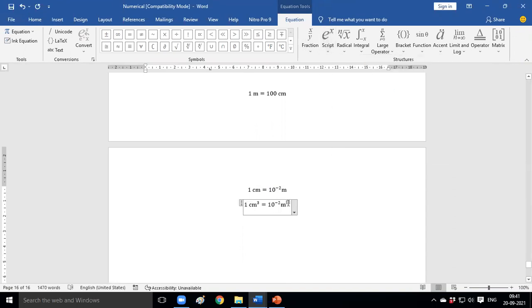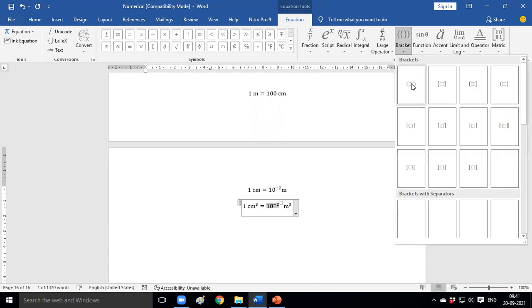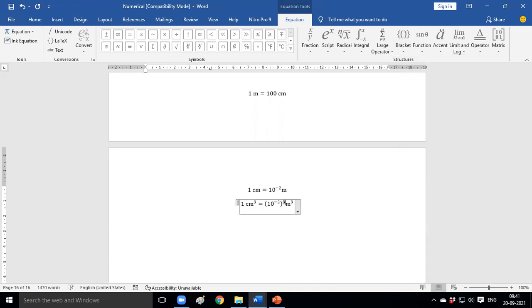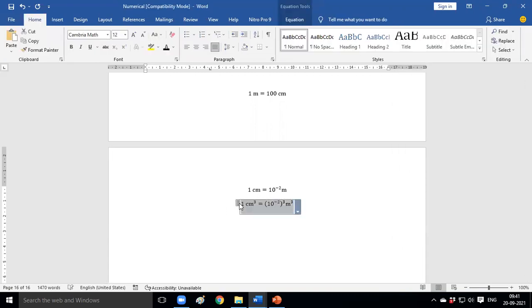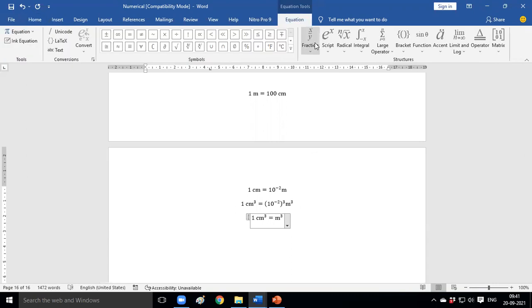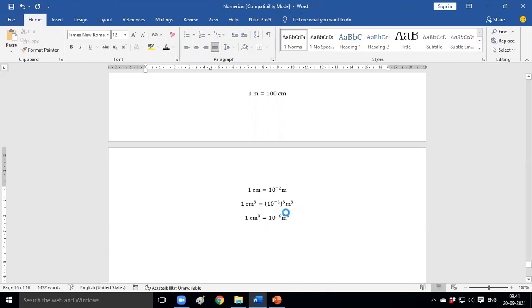At the same time, the term 10 to the power minus 2 becomes 10 to the power 3 again. So what will be the power of 10 for 1 centimeter cube? Tell me. 10 to the power minus 6. Correct.